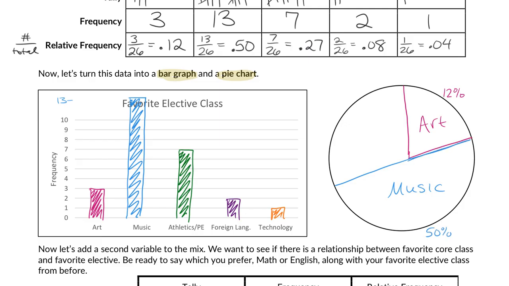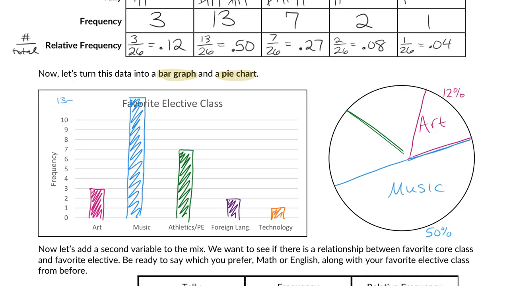Okay. The next one, we have 27% for athletics and PE. 27%, let's say, does that look good for 27%? It looks the same as art. Okay, well, let's make 12% a little smaller.